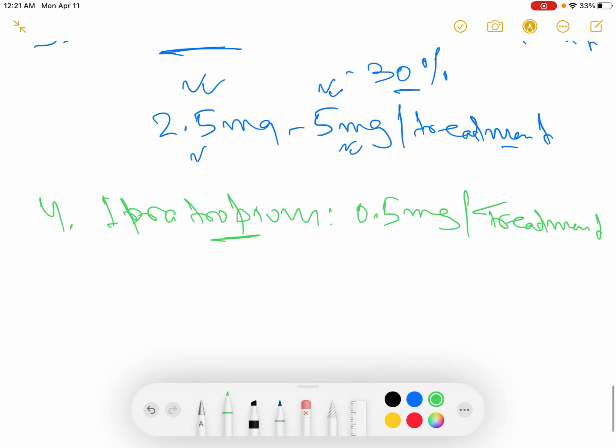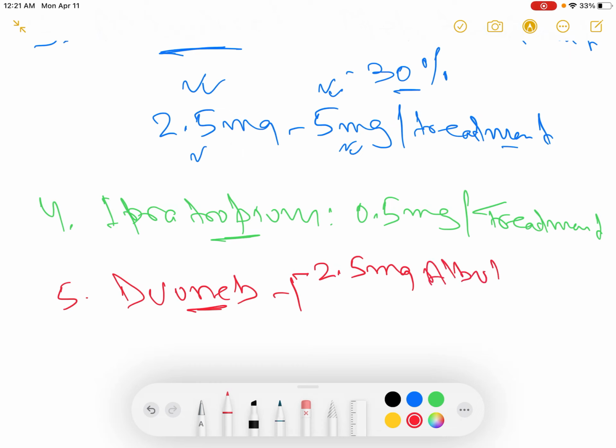One of the drugs that I use in the emergency department is something called DuoNeb. DuoNeb has 2.5 milligram of albuterol and 0.5 milligram of ipratropium.